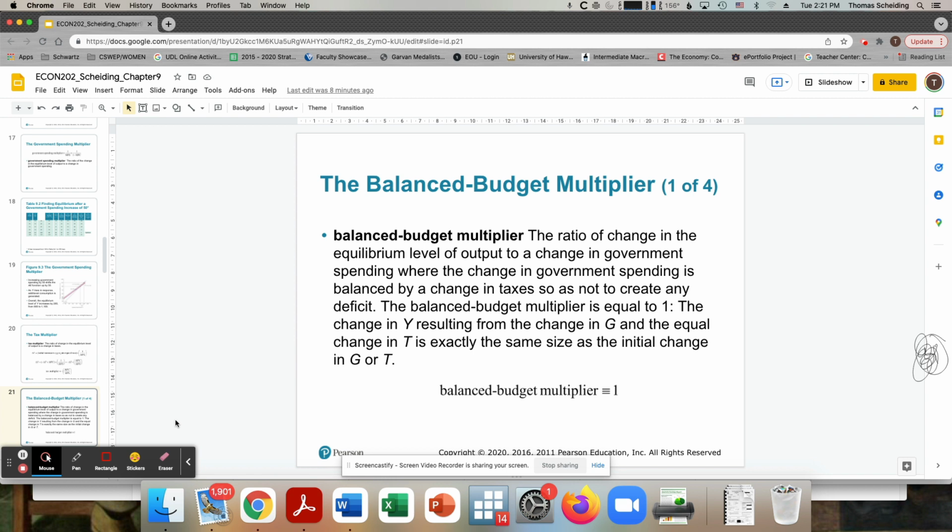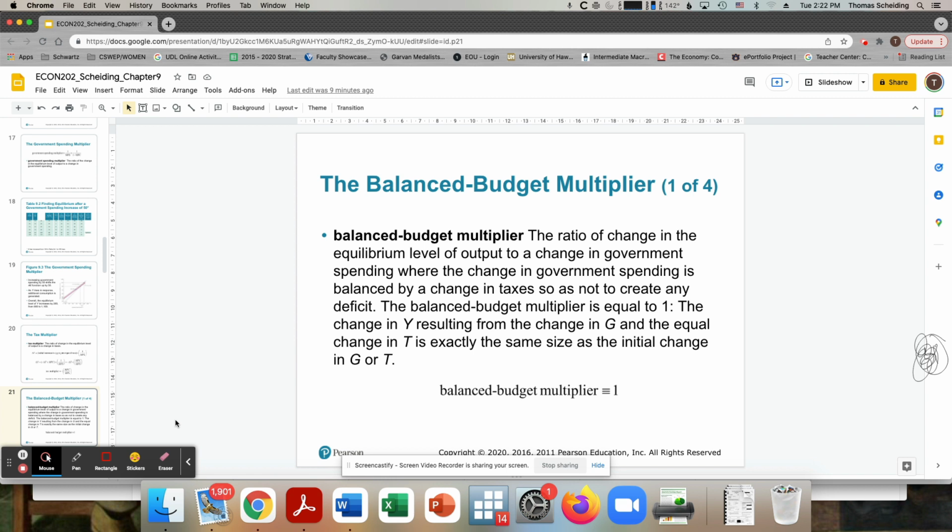With the balanced budget multiplier, what we're seeing here is that because we're not going to generate a deficit, the multiplier that generates the change in government spending is going to offset the changes in taxes along with the deficit. So the reason for that is that the balanced budget multiplier is always 1. It's the same.